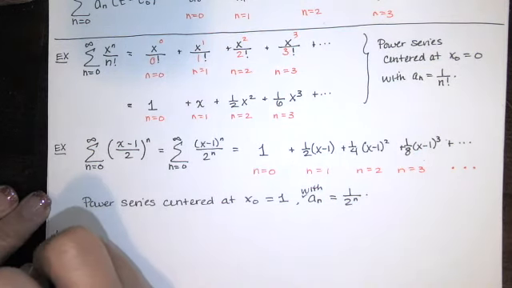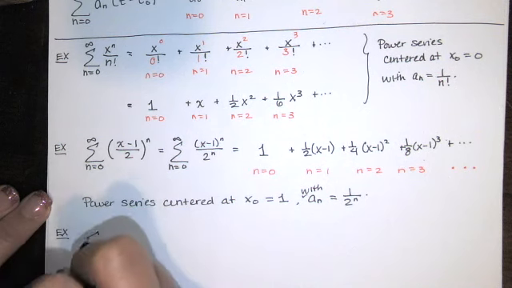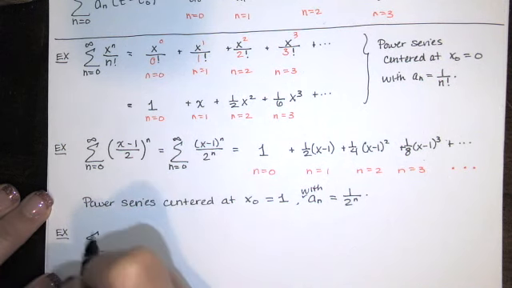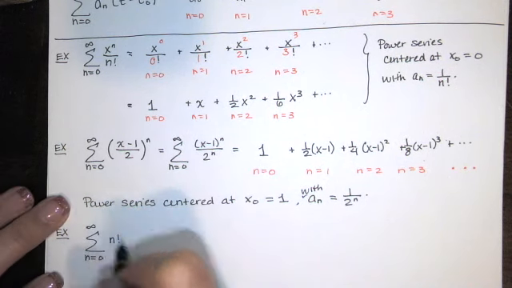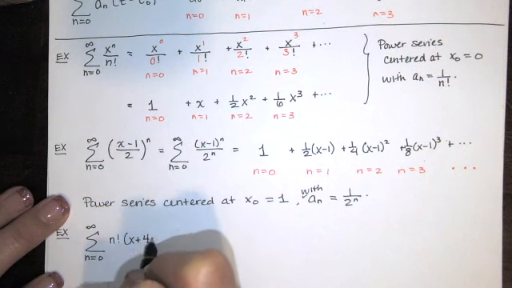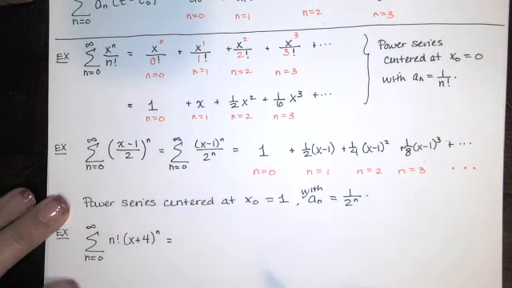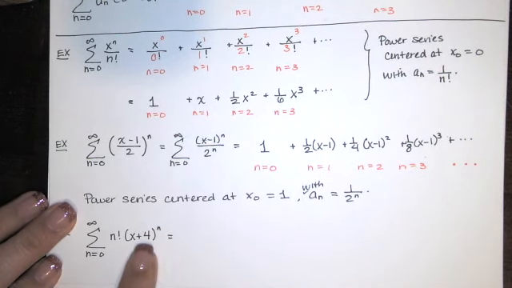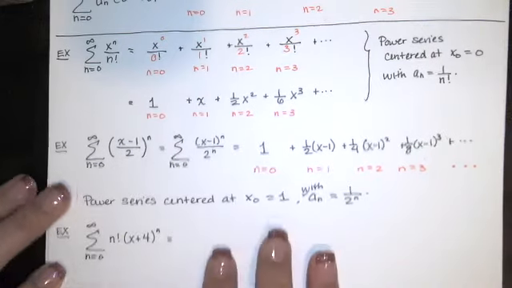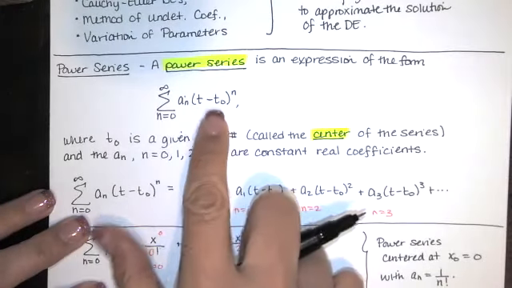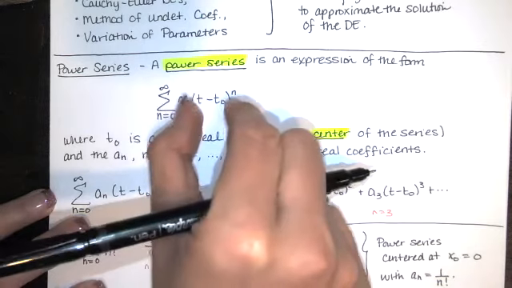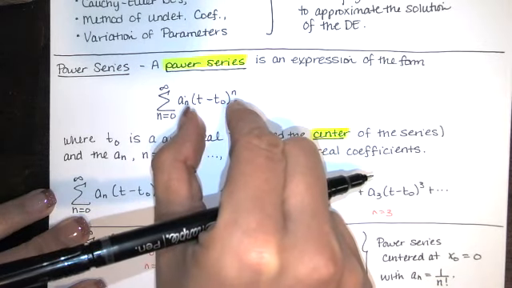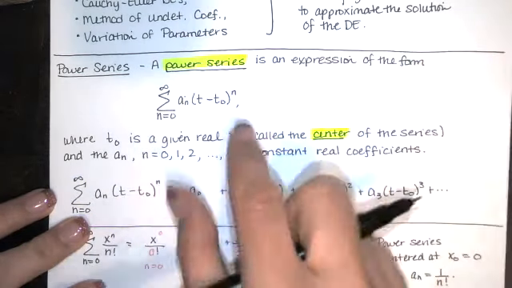Okay, and let's do one more example where we'll just identify the center. Since we are adding 4 to this x value, x naught is -4. Here, the center is the value of t that would cause this expression in the parentheses to be 0, and t naught is a number.